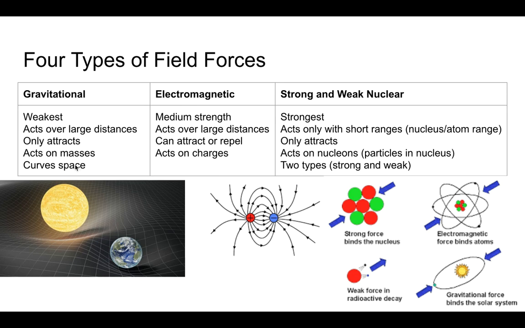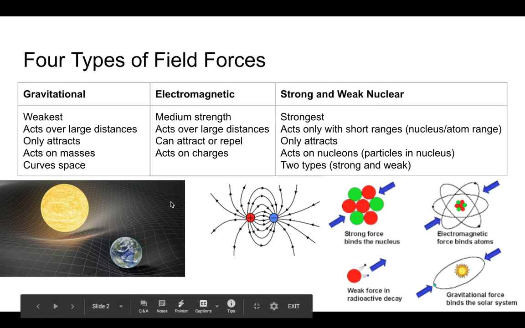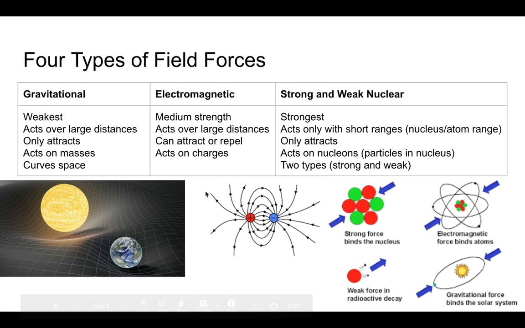A lot of times, gravity is simulated with curving space. You can also think about that in terms of electromagnetic too, but it gets a little weird. And if you take any relativity or astrophysics, then we go into much more depth about that. But that's the similarities and differences.